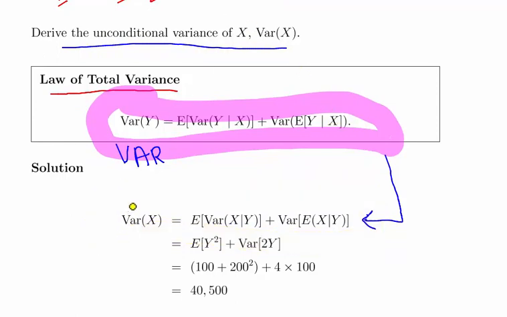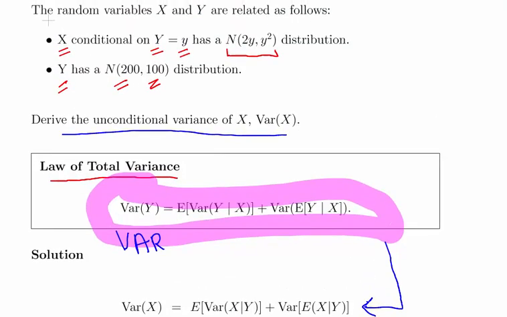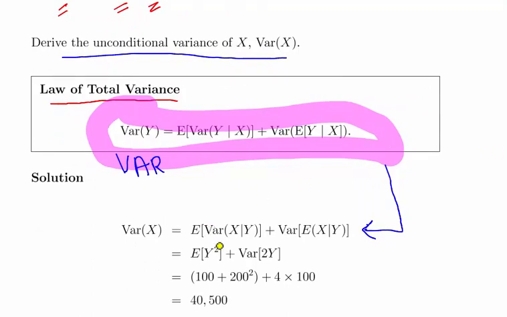The expected value of the variance of X conditional on Y is essentially y squared, so the expected value of the variance of X given Y is the expected value of Y squared.